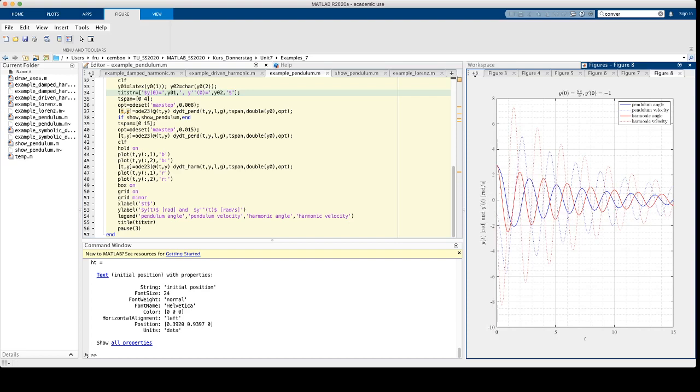So this ends the discussion of the pendulum oscillation without and with damping.